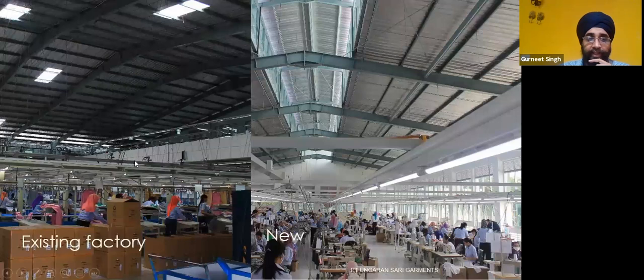On your left side is the existing factory, and now this is the completed factory image. You can see the difference, and this also impacts, as we have discussed, occupant comfort and enhances their productivity. So that's very important for a factory where you should give a nice environment to your occupants.